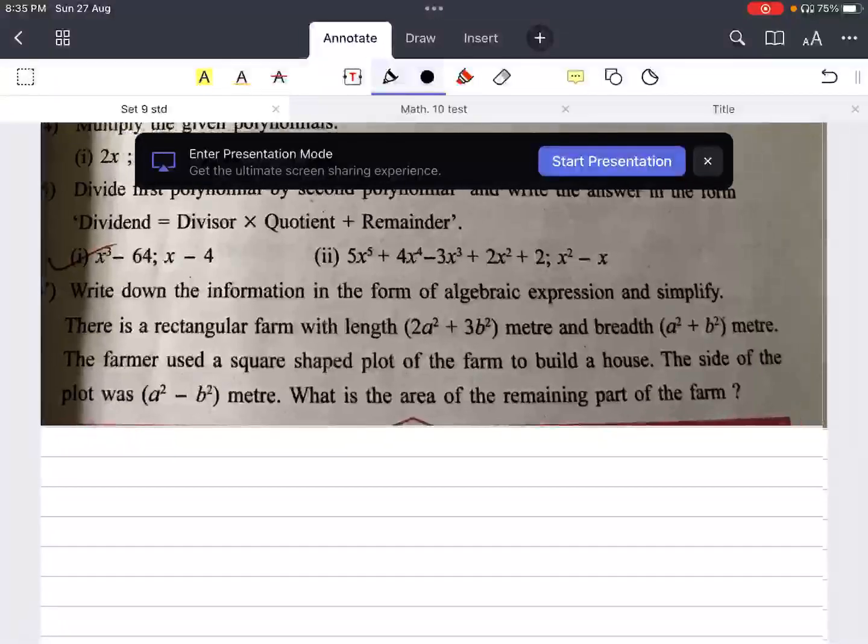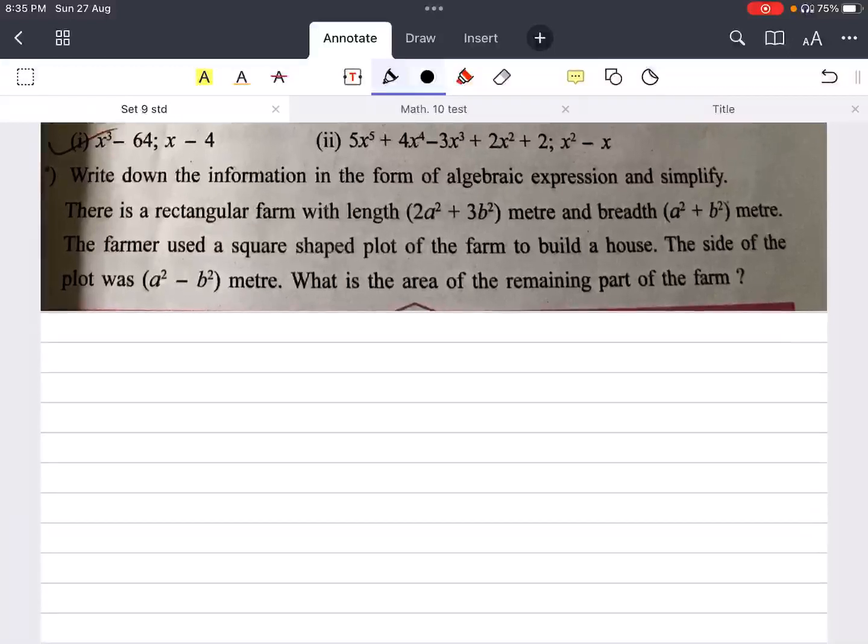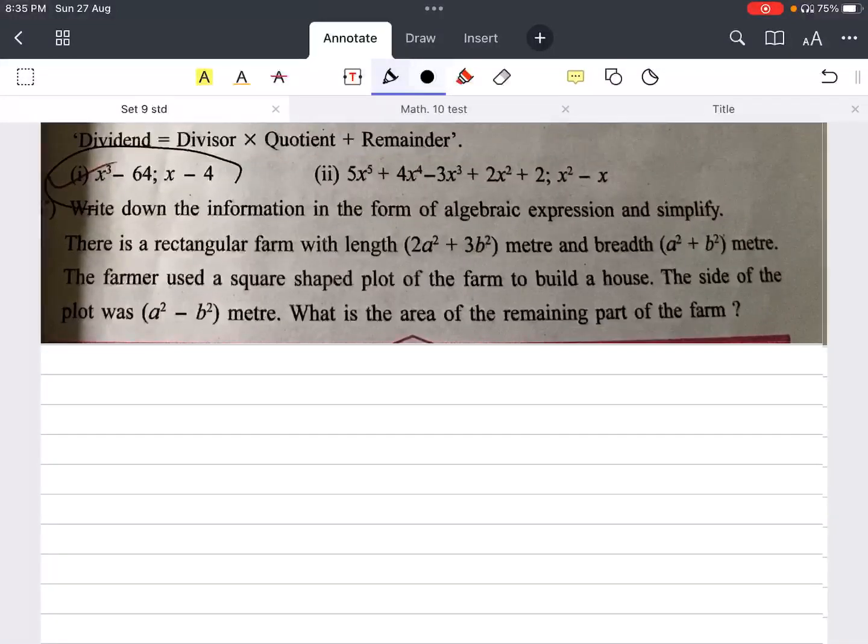Now, divide. So we will take one example of division. This example we already solved in a previous video, so we are not focusing on it. So let's move to the second one, and this is quite interesting as well as difficult.